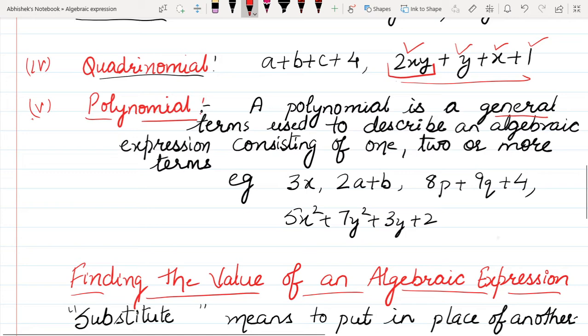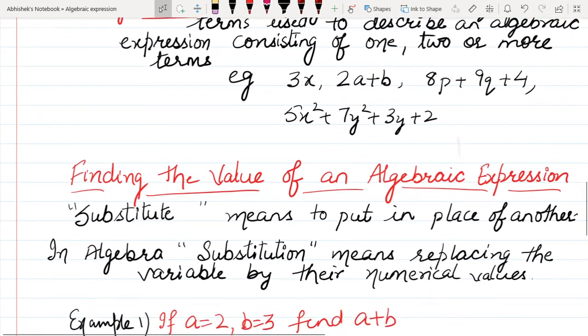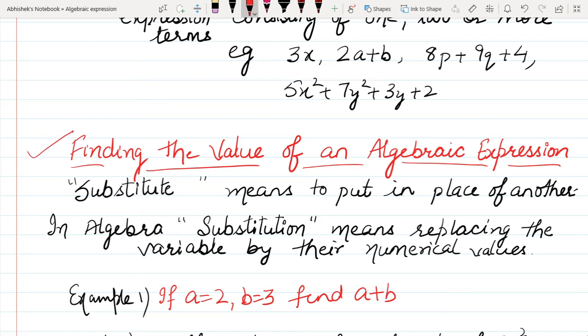Now our next topic is to find the value of an algebraic expression. Before we start, let's understand the word substitute. Substitute means to put in place of another.